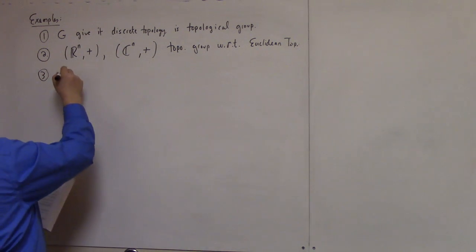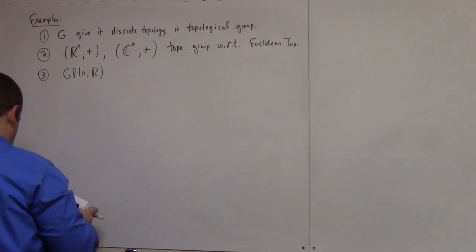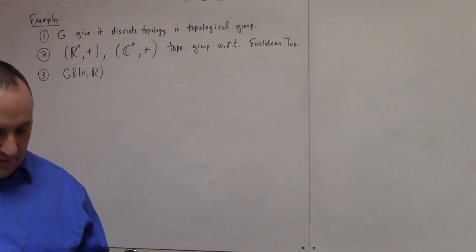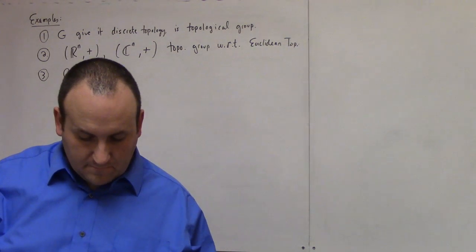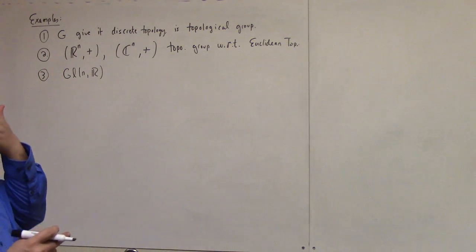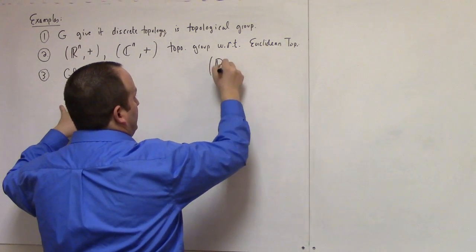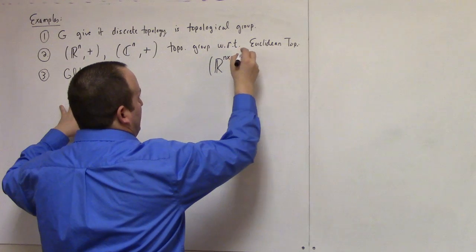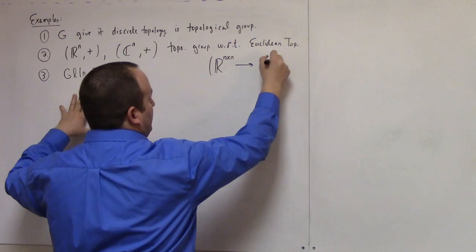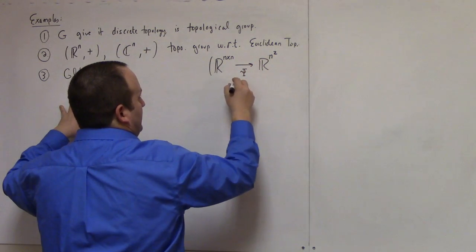If you look at GL_n(R), let me just remind you what this is. This is the set of invertible n by n real matrices. Basically the fine print here is we look at n by n matrices and we isometrically embed them in R^(n squared), in the sense that there's a mapping like psi, right?